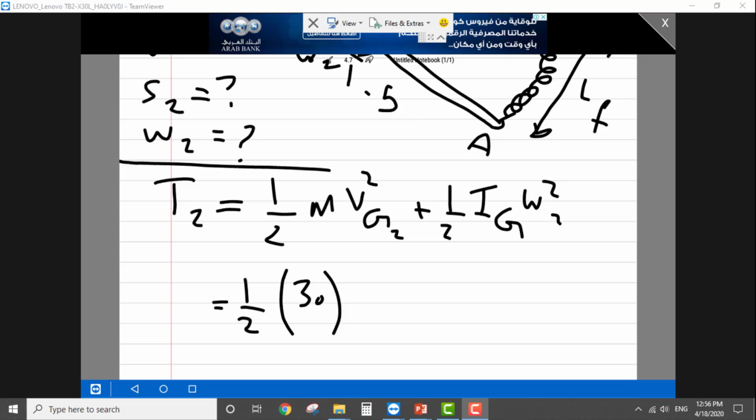We can benefit from the relation Vg equals omega times r. So this is omega 2 squared multiplied by r, where r represents the distance between the centroid and point O, because this is rotation about a fixed point. So I can substitute r as 1.5 divided by 2.